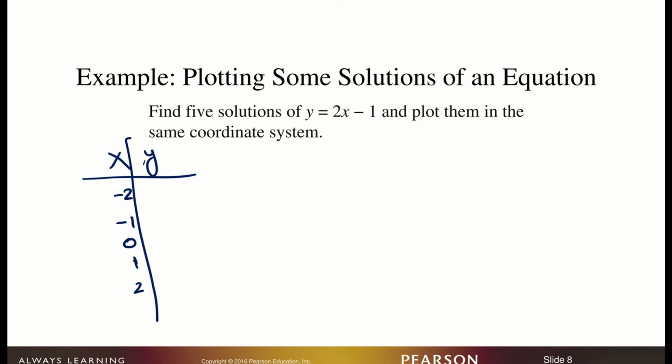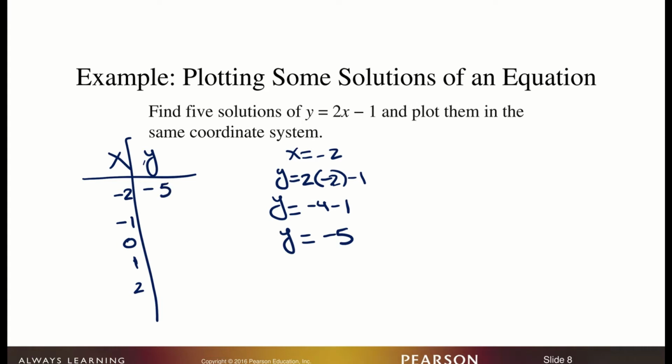So for example, when x is -2, we're going to get y equals 2 times -2 minus 1, since y equals 2x minus 1. So we get y equals -4 minus 1, or y equals -5. So there it is. There's one solution.